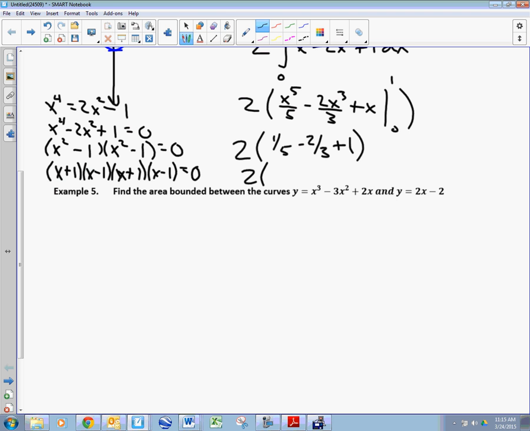Two times 1/5 can be rewritten as 3/15 minus 10/15 plus 15/15. So we get 2 times 3 minus 10 is -7, plus 15 is 8. 16/15.